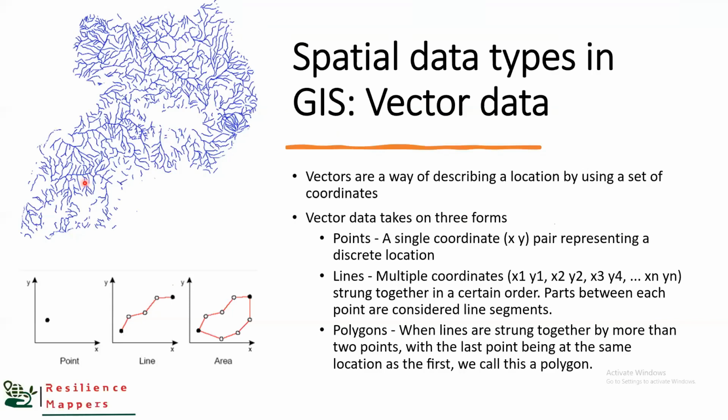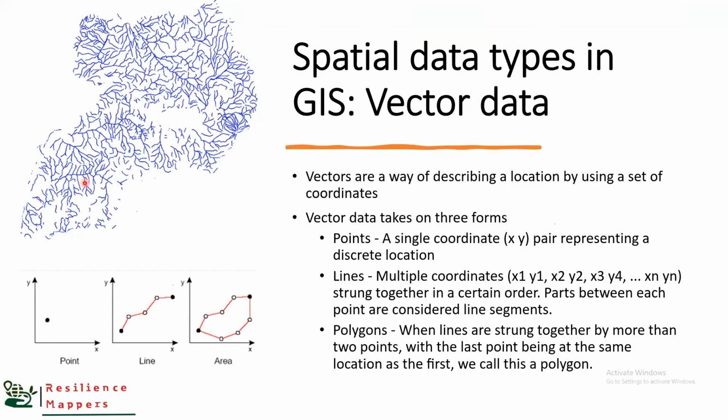So here you have multiple coordinates, multiple points, and those points are joined together by lines. Those lines that join the points are called line segments. So you have multiple points joined together in a certain order to form a line feature.